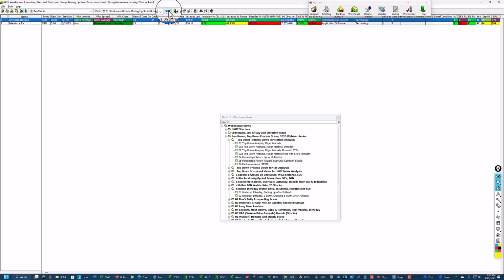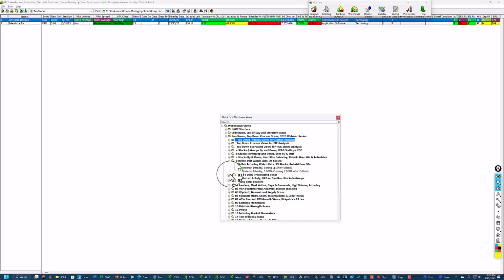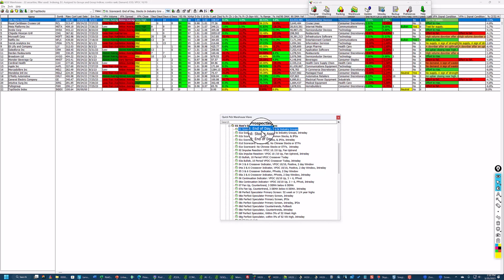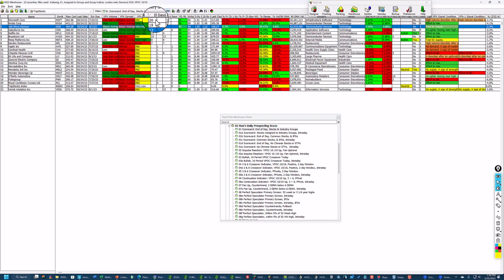I work better with a quick pick. I just go into my number 1 folder. I'm going to explain all these, and I may get to those next today. I just go to the end of day scorecard, and I use these columns because this tells me exactly what's going on. For example, well, let's click on this one.